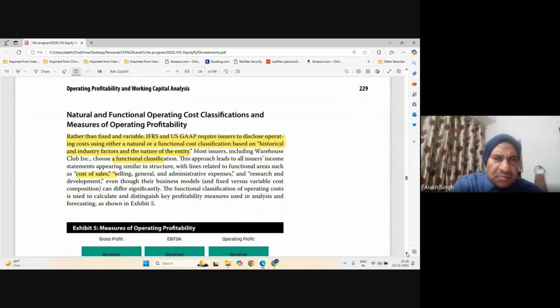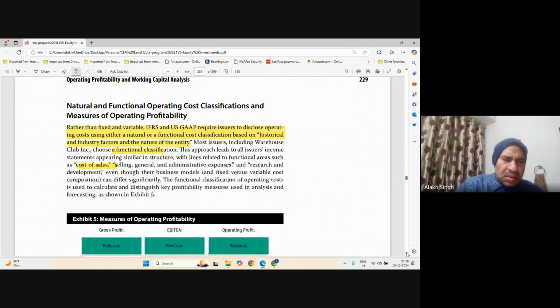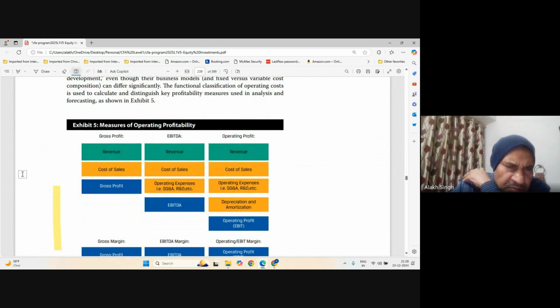Okay, natural and functional operating cost classification and measure. So here is the summary. Gross profit, this we know very well. Revenue minus cost of goods sold is gross profit. Then if we deduct this SGA, then we get EBITDA.